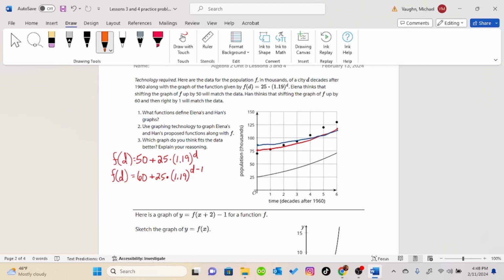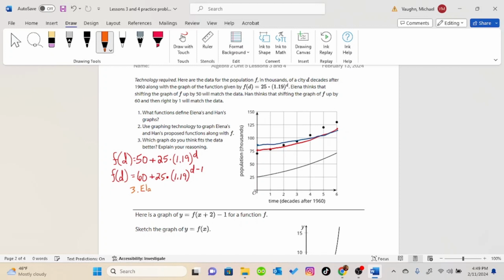It actually seems to go right through the second point, and then seems to be fairly close to 2 and 3, which so does Han's line as well. But it does appear that Elena's line fits these first couple of points better than Han's.